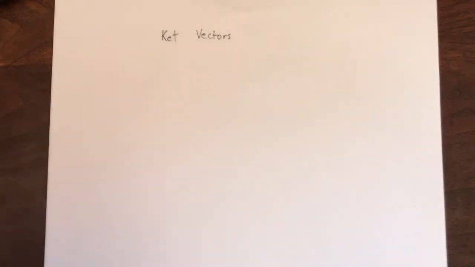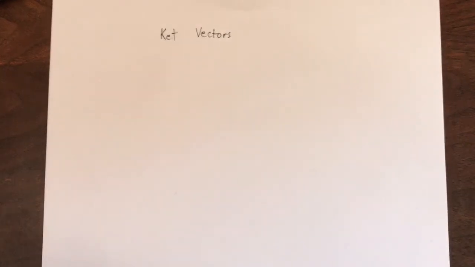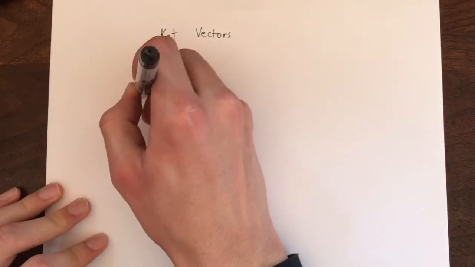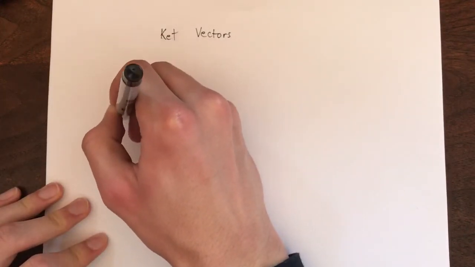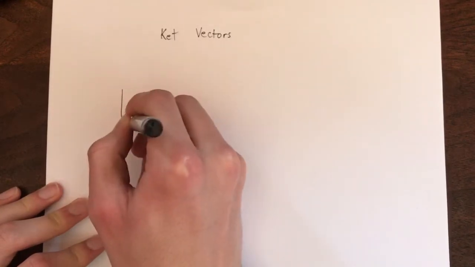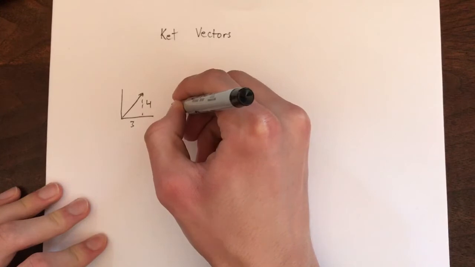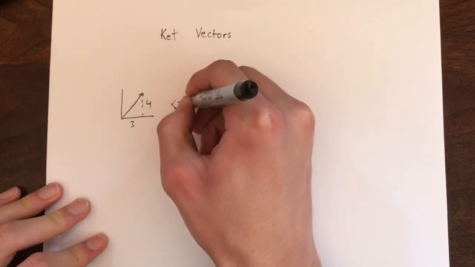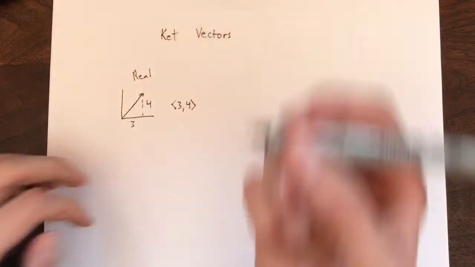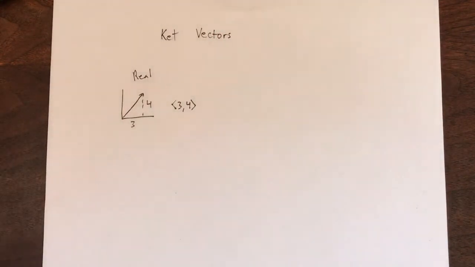Ket vectors are complex vectors, while normal vectors have components with magnitudes of real numbers, like this. Ket vectors have complex components. They can be real, imaginary, or both.